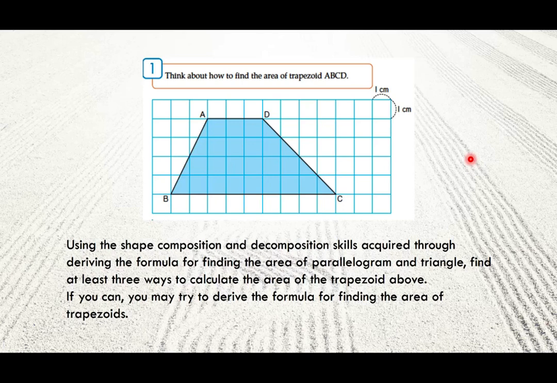I want you to upload your solutions, at least 3 solutions using a formula that you have learned previously: rectangle, parallelogram, or triangle, to calculate this shape. Once you upload, you will be able to access the following presentation so that you can compare your approach with the approach that we are going to discuss.